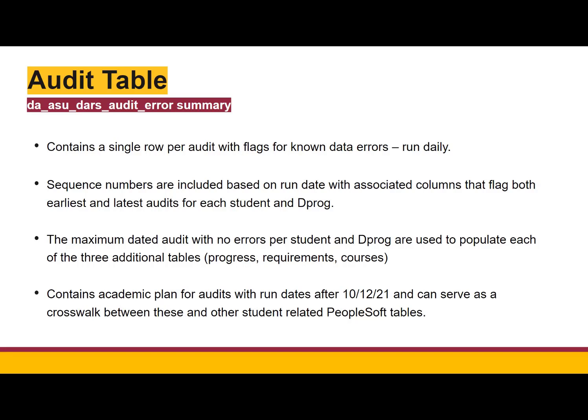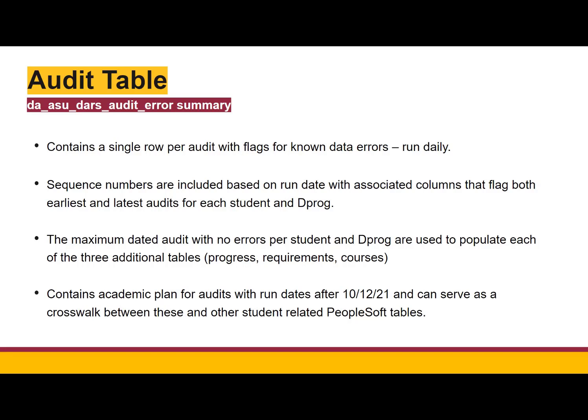There are two associated columns in this table, one for first audit and one for latest audit, and that would be latest error-free audit. The maximum dated audit with no errors per student and DPROG, those are used to populate all of our tables, and that would be progress, requirements, courses.